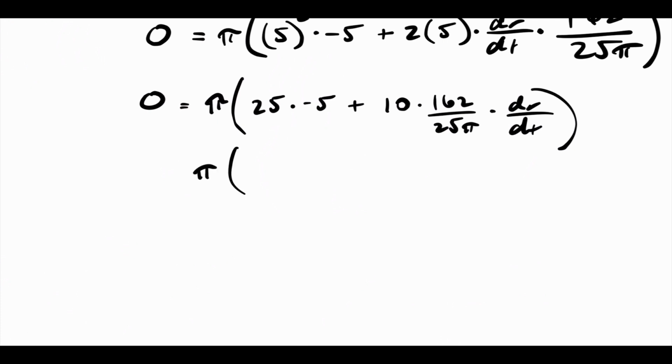Pi 25 times -5 is negative 125. I can reduce these guys by 5. So what do I get? 324 over 5 pi.